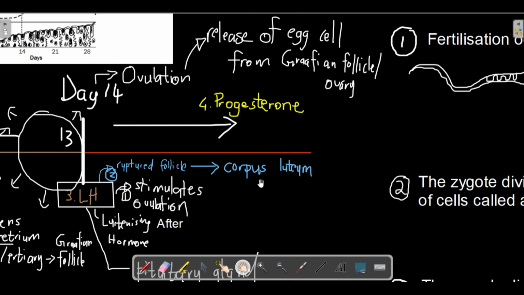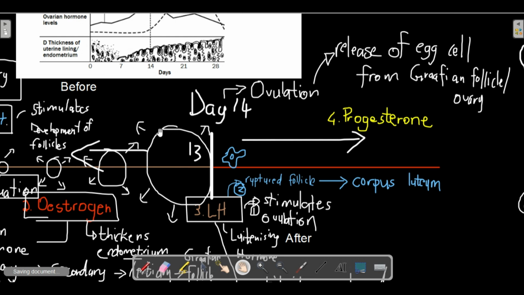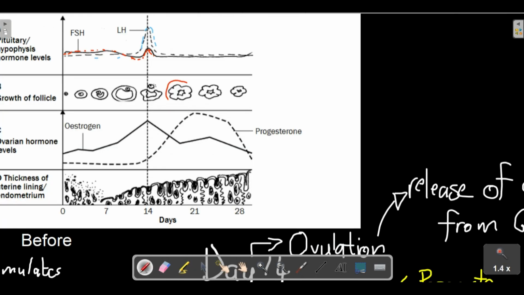Okay, so the corpus luteum is a structure that you are going to get after day 14. Usually it looks something like a flower. Prior to day 14 you'll find follicles. After day 14 you find the corpus luteum. Don't confuse those. So in this diagram there is your corpus luteum, and these are the follicles.